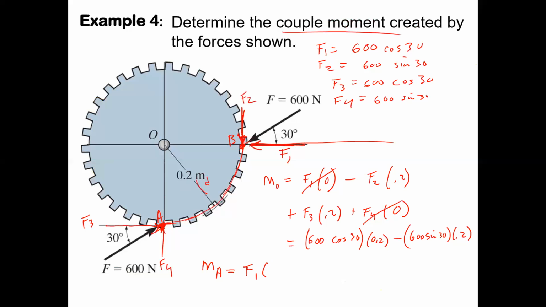The moment of F1, this force here, about point A down here. Dylan, I have somebody else. 0 times 0.2. I know it's hard to not. Yeah, it's 0.2, right? And Joel, what's the moment arm of F2 about point A?